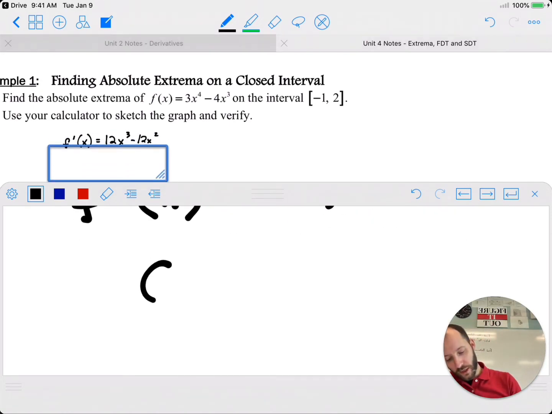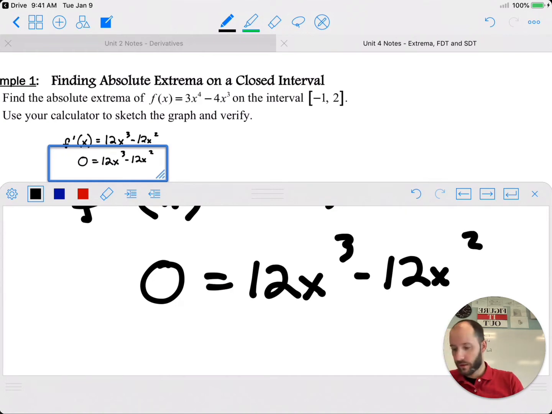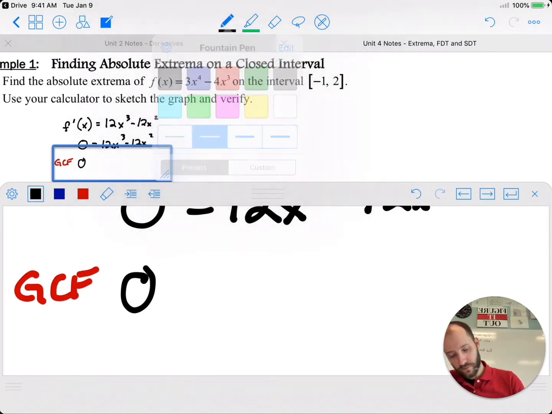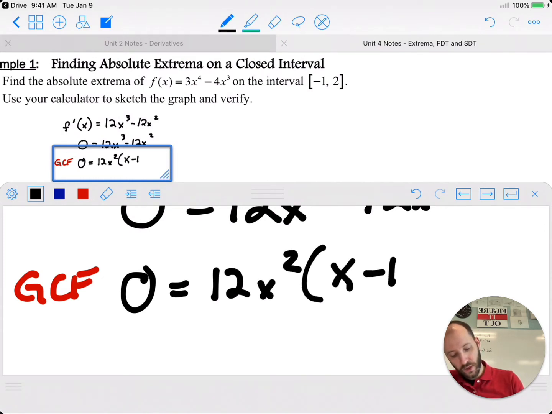All we gotta worry about is setting it equal to 0. Right, do a little algebra. Do a greatest common factor first. So pull out the 12x squared. We're left with x minus 1.